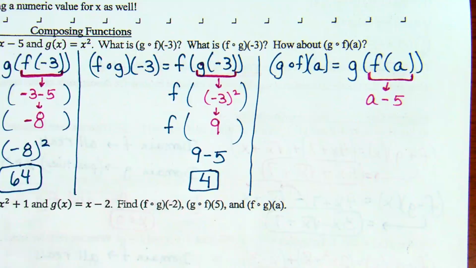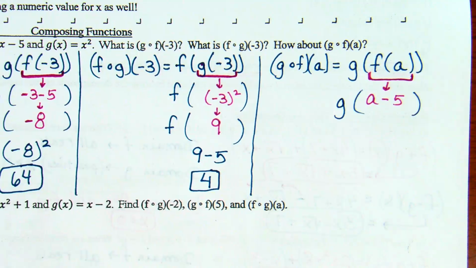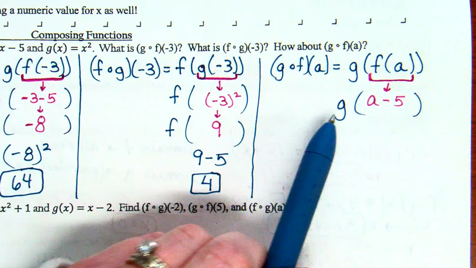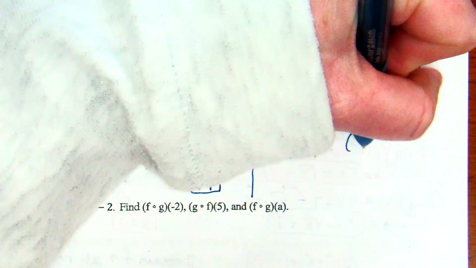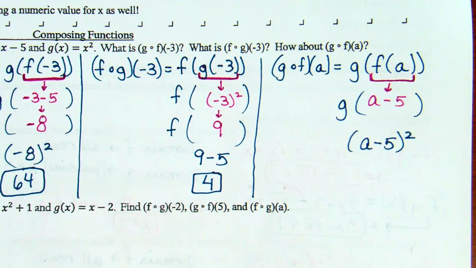That was doing the insides, which was F. Now I'm going to do the outsides, which is G. My new inside amount is A minus 5, so I'm going to put it into G. G is x squared, so we're going to take this value and square it, which means A minus 5 quantity squared.